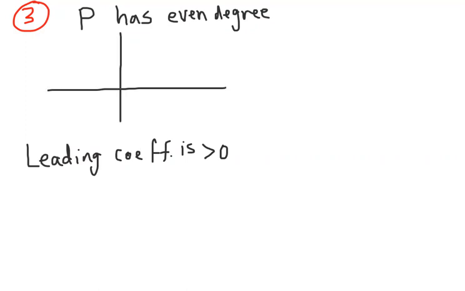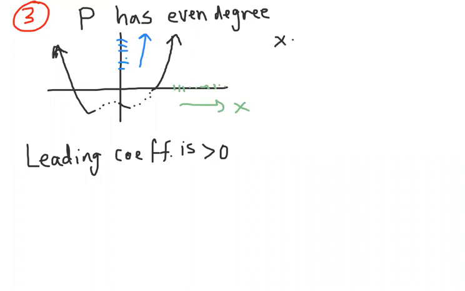Like I said before, it's like x squared, going down, then up. That means when x goes to infinity, y goes to infinity.